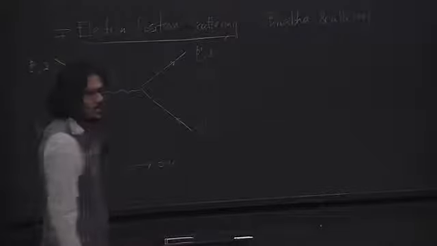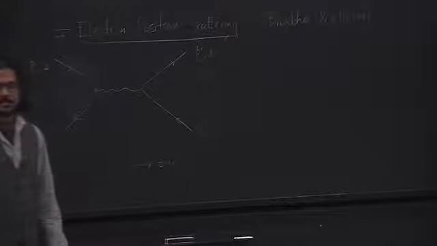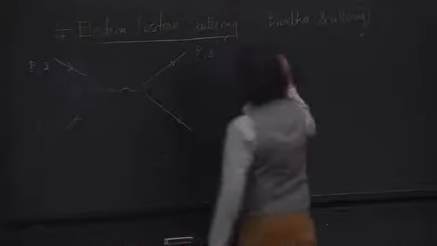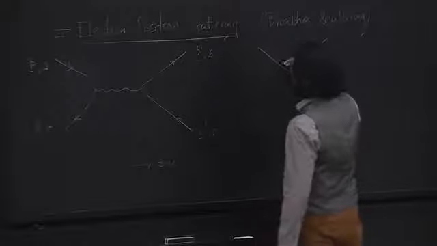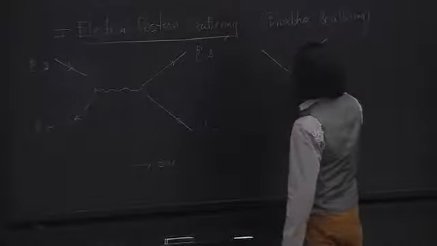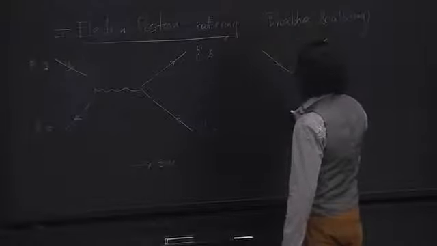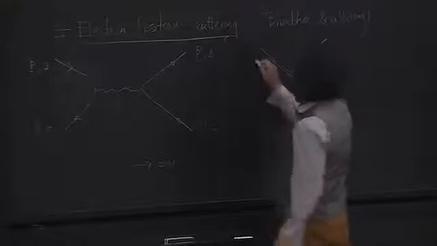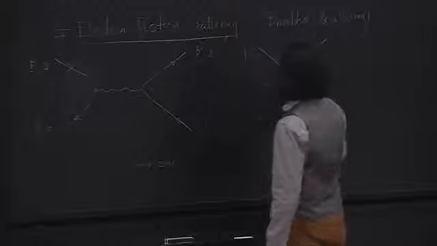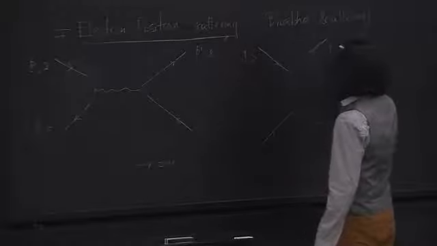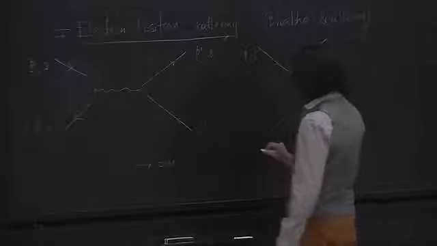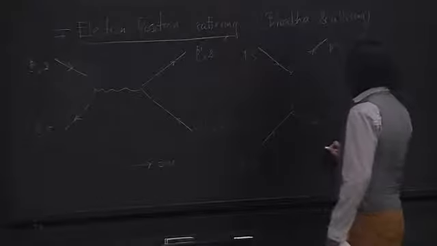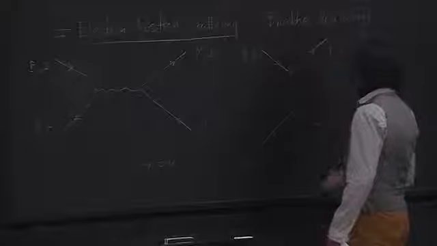Is there any more diagram? Anyone else? Okay, you connect both. I can connect this thing with this thing, and this thing with this thing, right? So p, s, p prime, s prime, k, r, k prime, r prime.